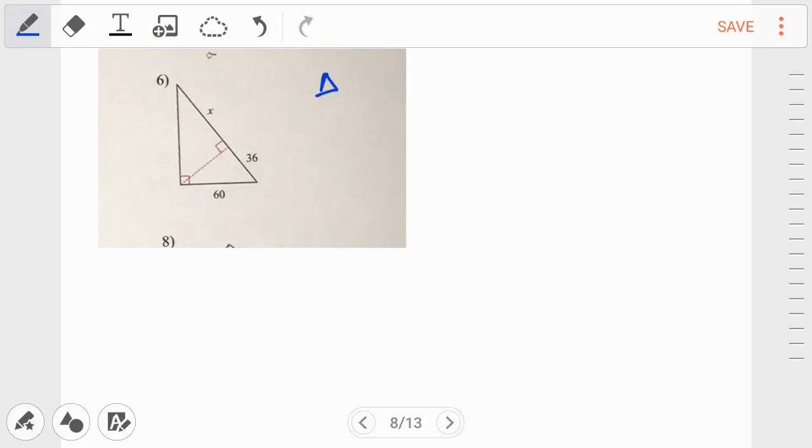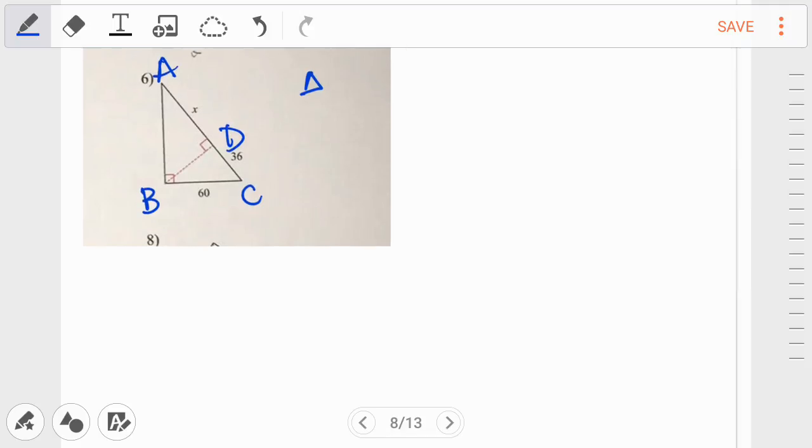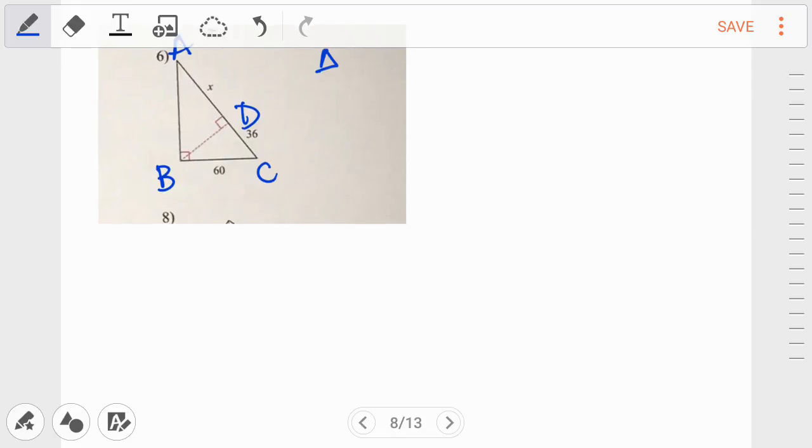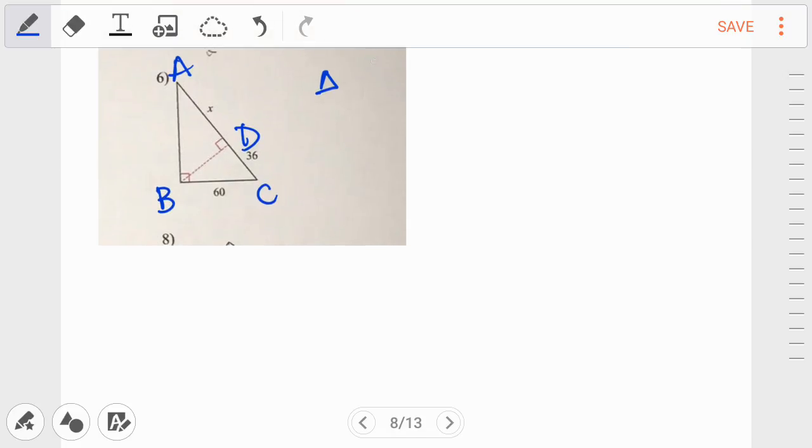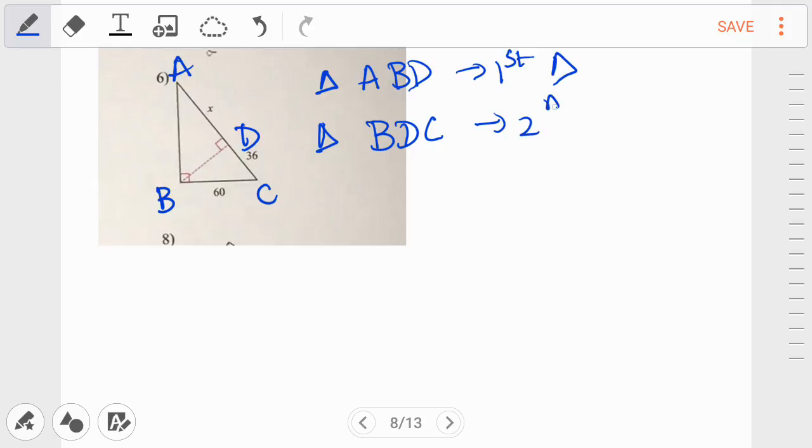All right, so let's name this as usual, A, B, C, and D. Triangle A, B, D is our first triangle. Triangle B, D, C is our second triangle. Put that 90-degree symbol over here.